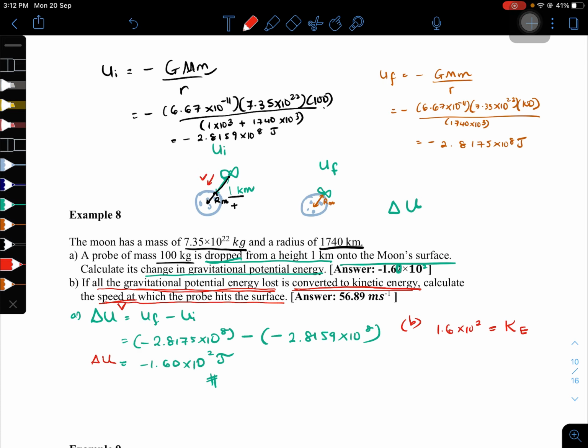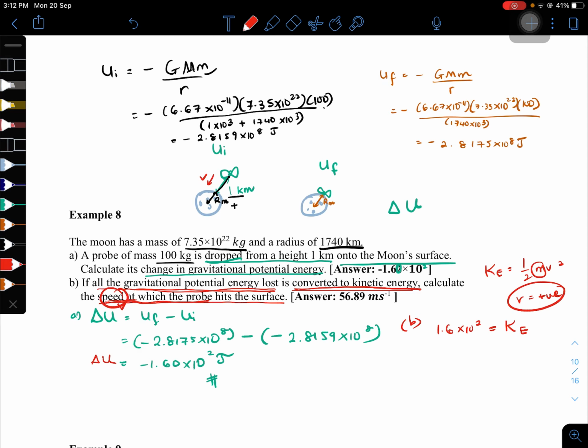Okay. And then I know the formula for kinetic energy is half mv square. So obviously we want the speed of the probe, so we will definitely use the mass of the probe. Okay, so notice that I put the sign here, over here is positive. Why? Because Miss wants the final answer for v squared to be positive. Okay, why does Miss want v squared to be positive? Because it asks for speed only.